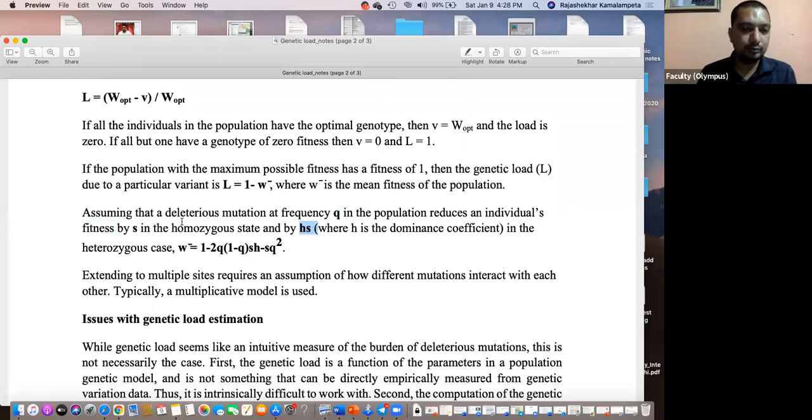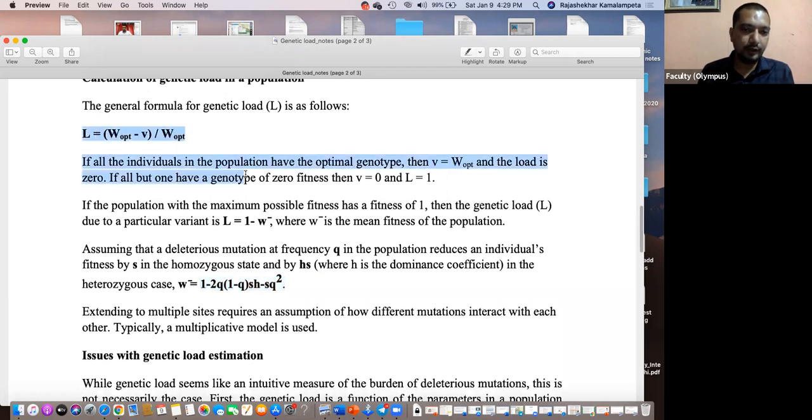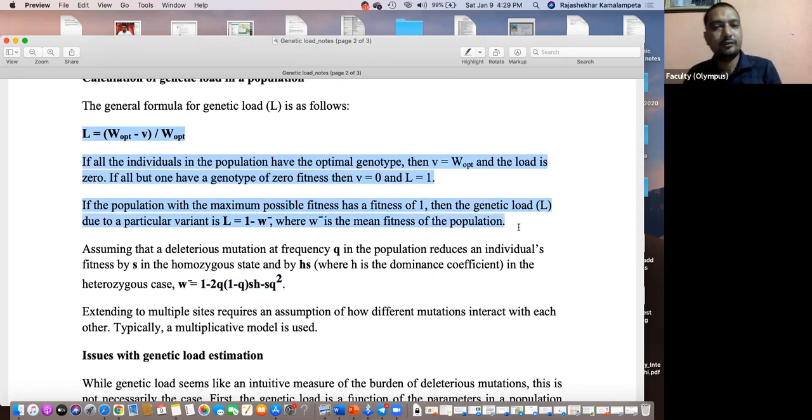So where W bar can be 1 minus 2q multiplied by (1 minus q) into hs minus sq squared, which will be a bit too much, right? So yes, there is much more to this concept, but we will have a limit on how much we can understand of these components. So that's why I believe if you talk about this L value and briefly explain the two different scenarios of that, that should be sufficient, I feel.